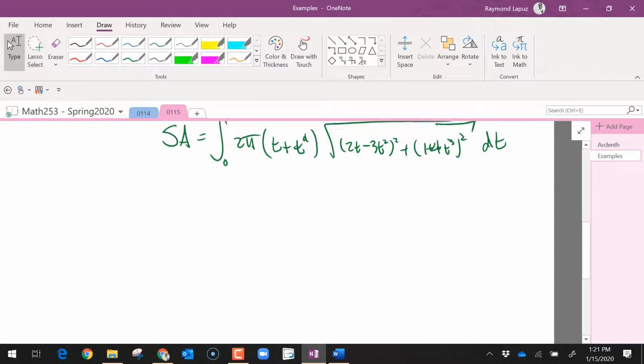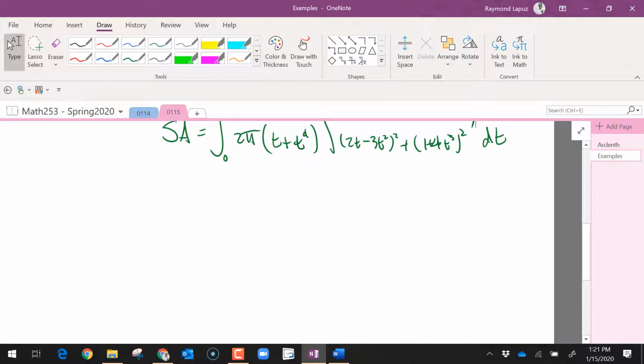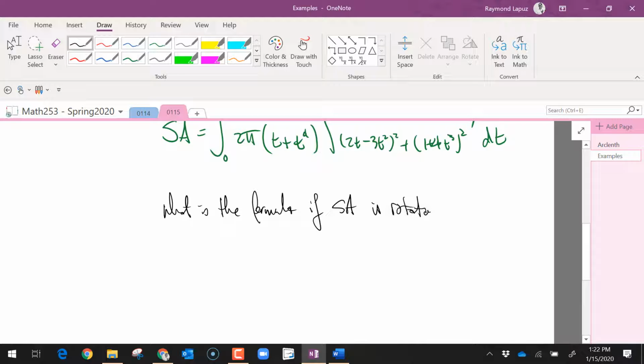I'll make a note in my notes, but I'm not going to do anything about it. Is the formula, if surface area is rotated... Is it too many T's?